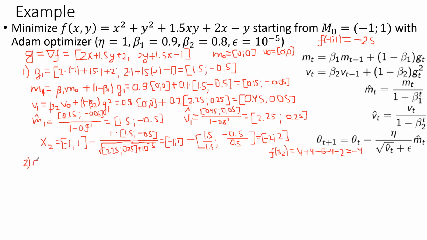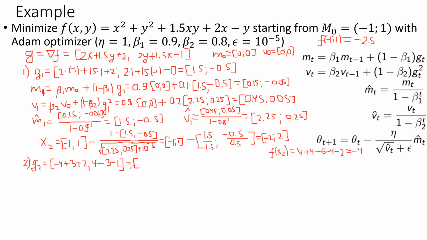Now let's calculate the second gradient. This is the value of the gradient at our point x2. So minus 2 minus 4 plus 3 plus 2. Next will be 2 times 2, 4, minus 3 minus 1.